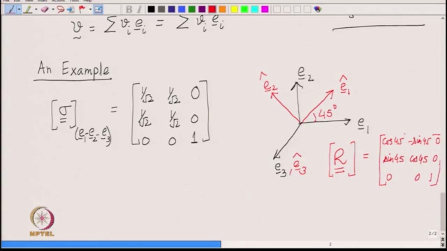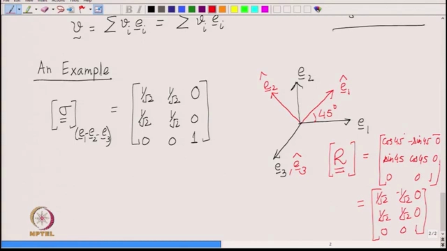Okay. So, that is the rotation matrix, which is also equal to 1 by root 2, minus 1 by root 2, 0, 1 by root 2, 1 by root 2, 0, 0, 0, 1.